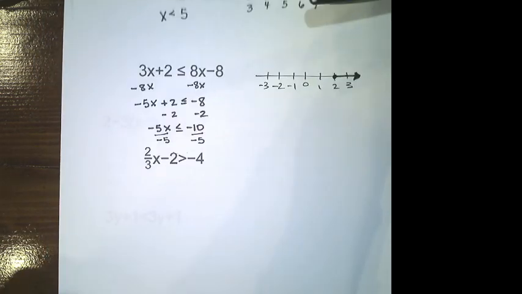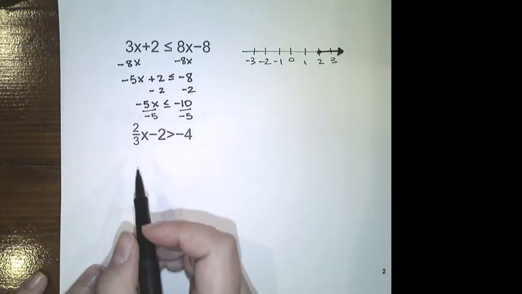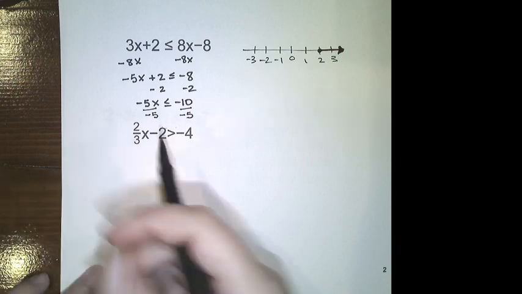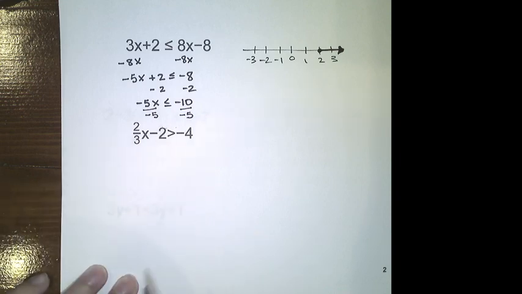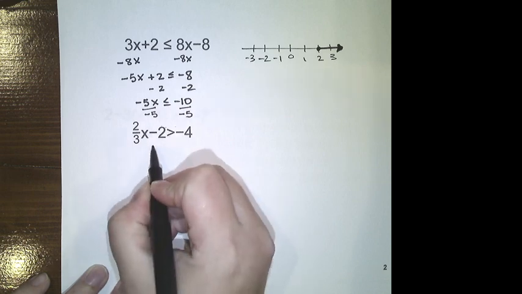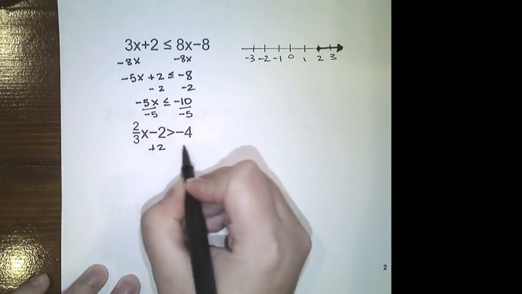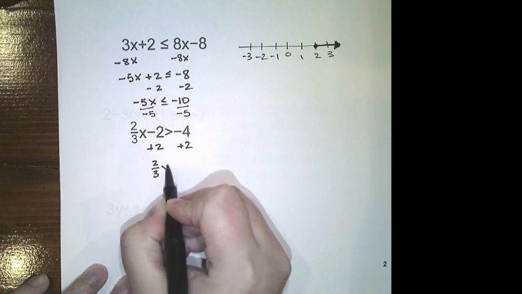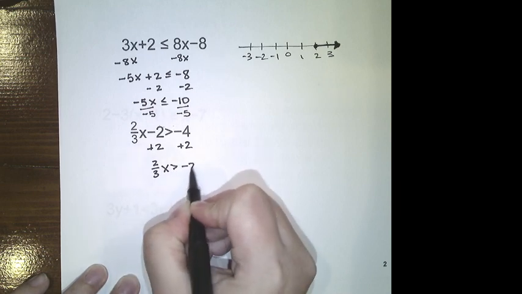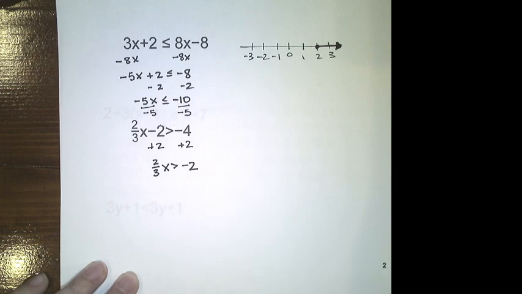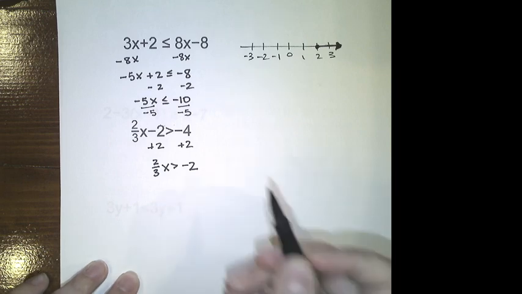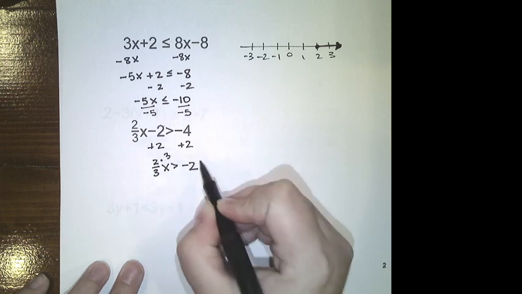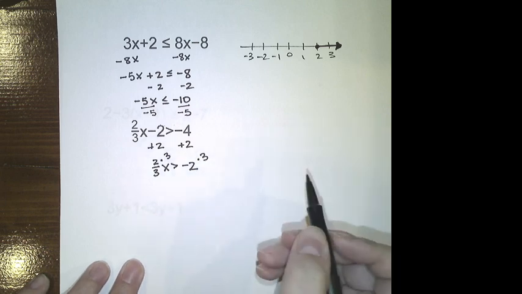So let's look at another one. We have a fraction this time, so we can solve this like regular. I'm going to get rid of that negative 2. And then to get rid of our fraction, we multiply everything by our denominator, 3.